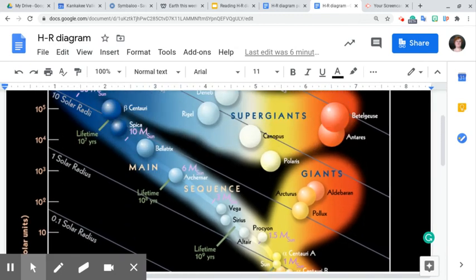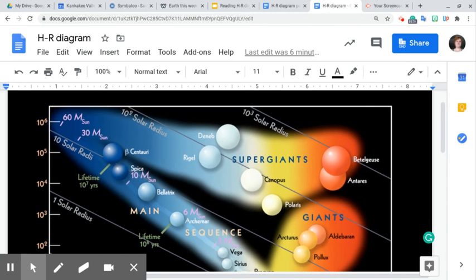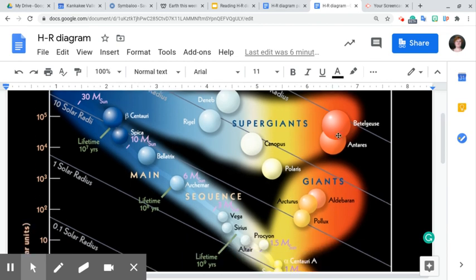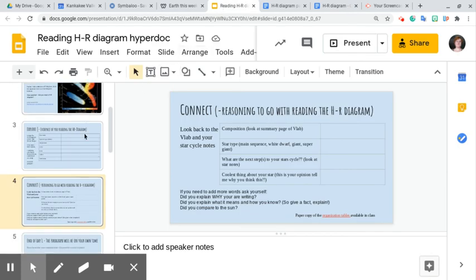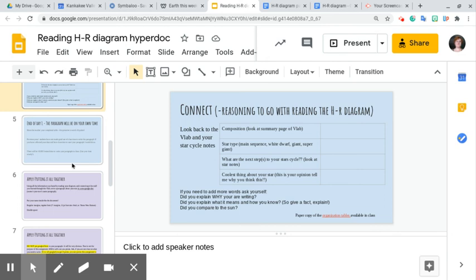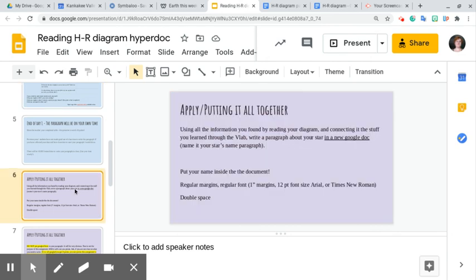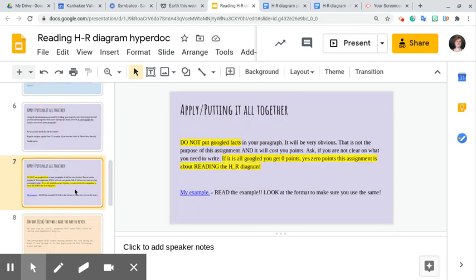So when I look at here, I see the different stars and I can see a lot of different things here. So remember, Betelgeuse was one of them that we could not use. So Betelgeuse is the one I used in my example paragraph. If I come back to my H&R diagram here, I can see my example paragraph is on slide, there you go, slide 7.